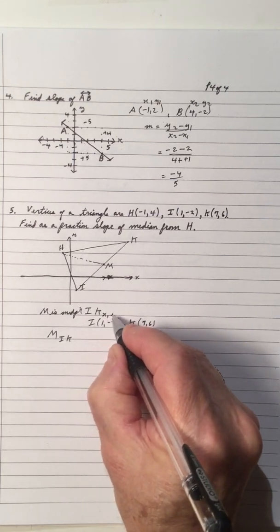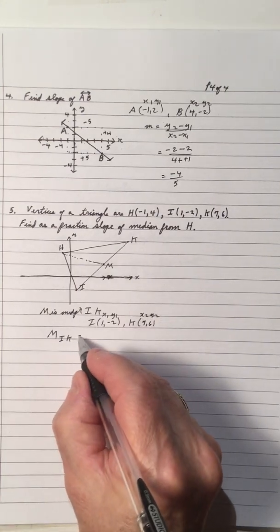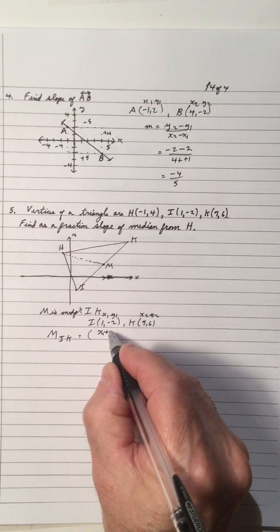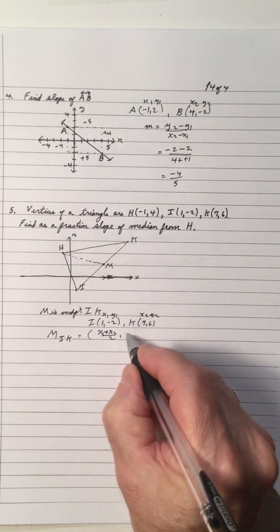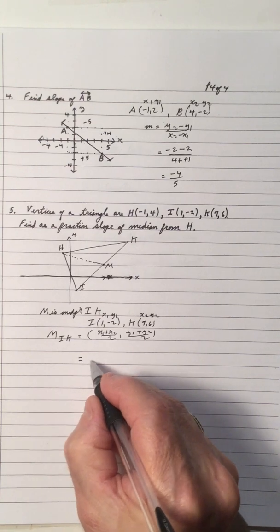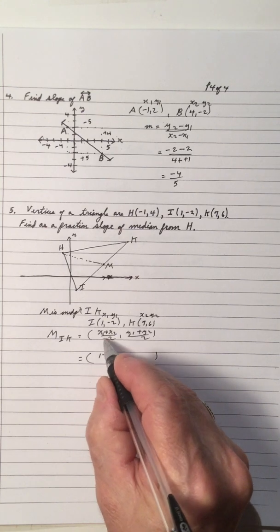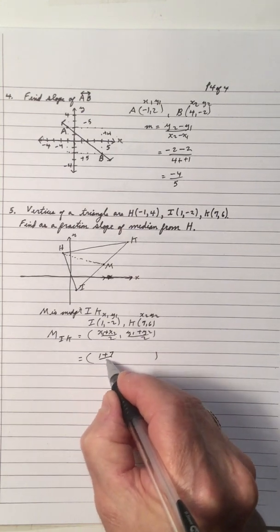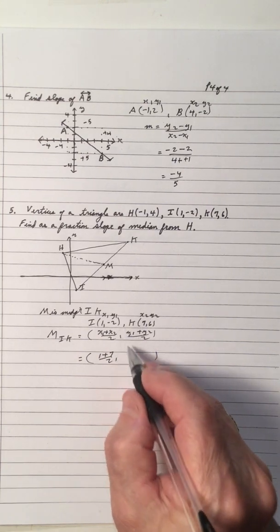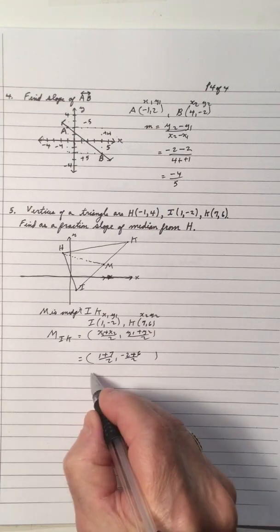So this is x1, y1, x2, y2. The midpoint is the average of the x's, x1 plus x2 divided by 2, and the average of the y's. So that is 1 plus 7 over 2, and negative 2 add on 6 over 2.